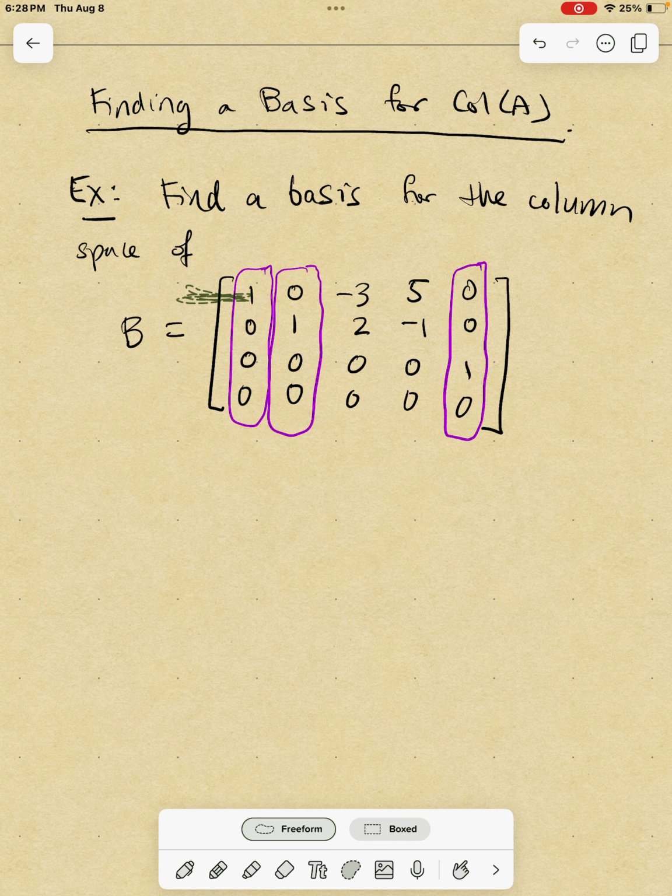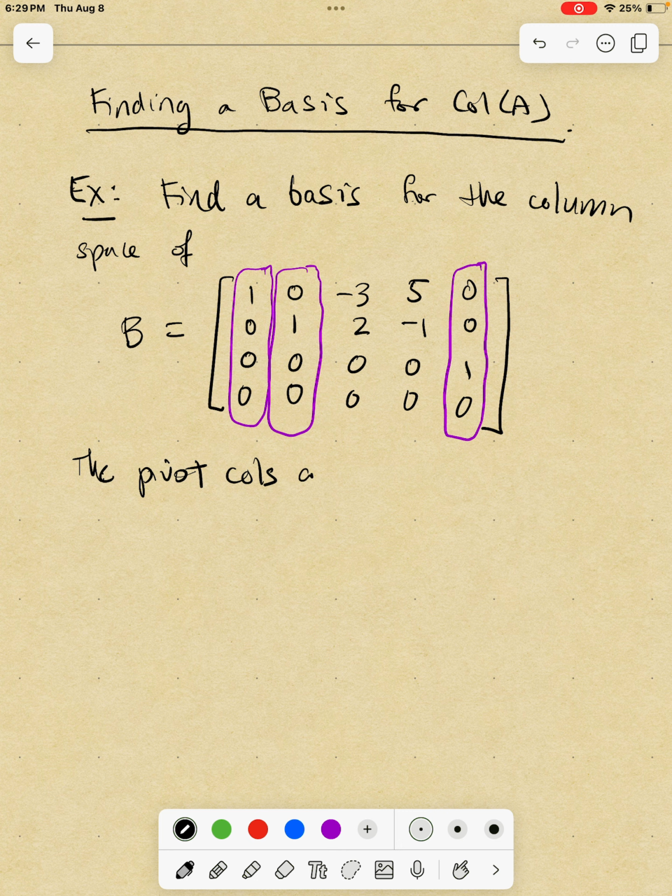Now notice that these pivot columns are linearly independent.